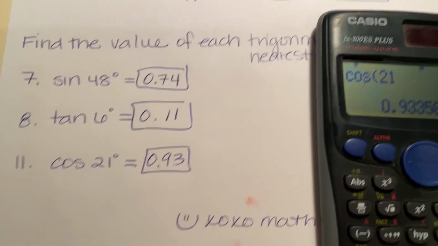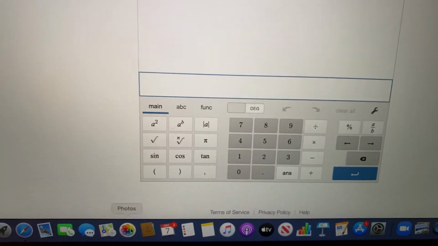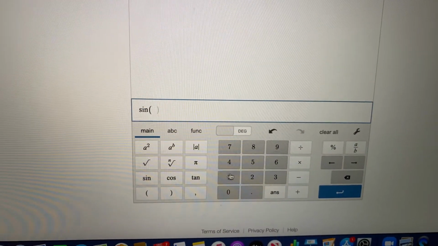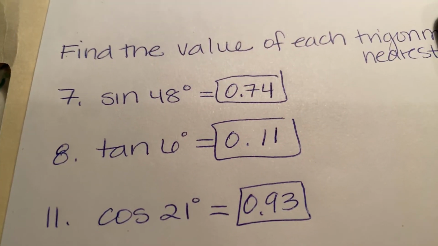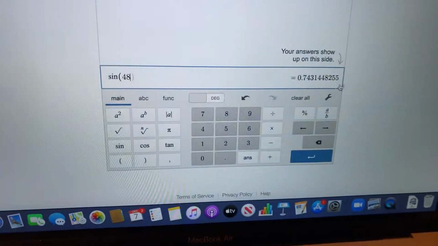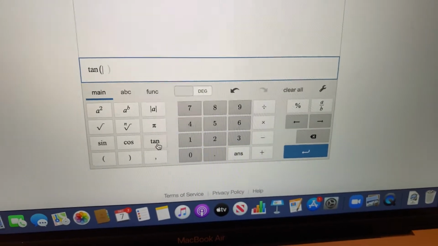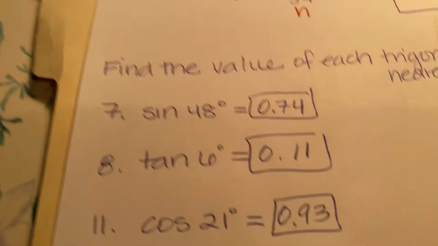Let's just type it here. This is our Desmos scientific calculator. So here you would type. Number 7 was sine of 48. Here's sine 48 and 74 hundredths. And that's what I have here. Tan 6, tangent of 6, 11 hundredths.